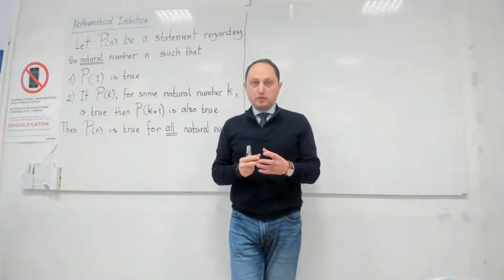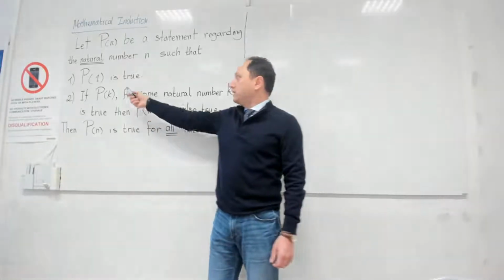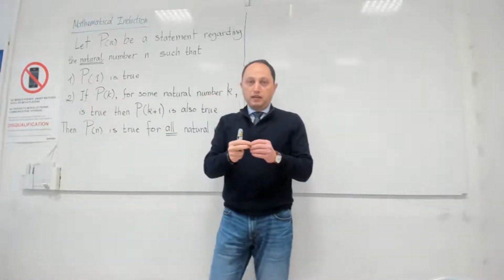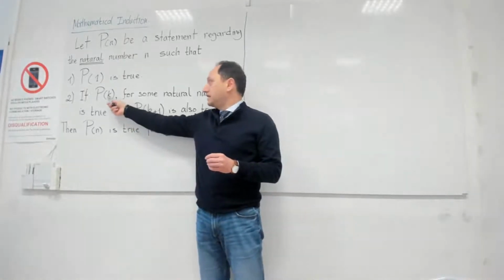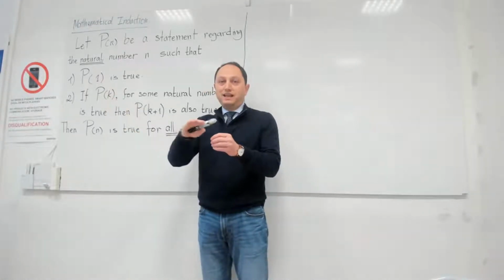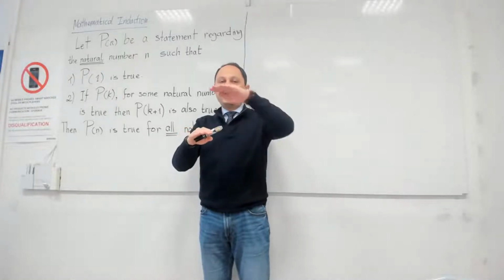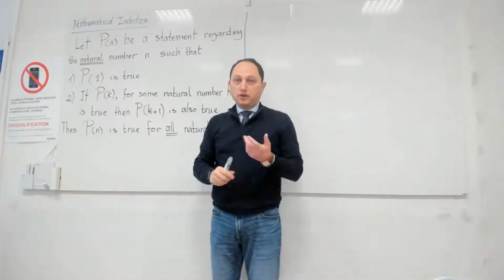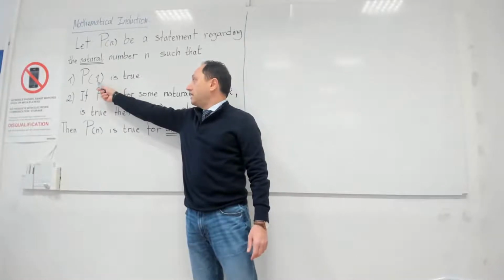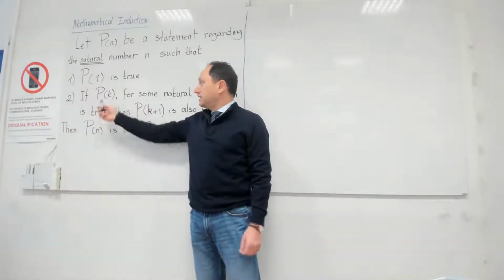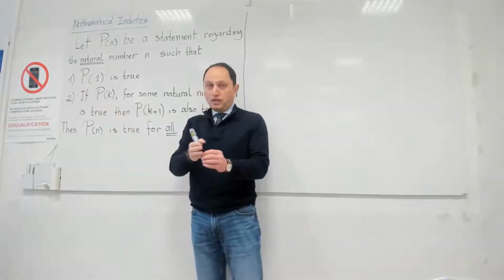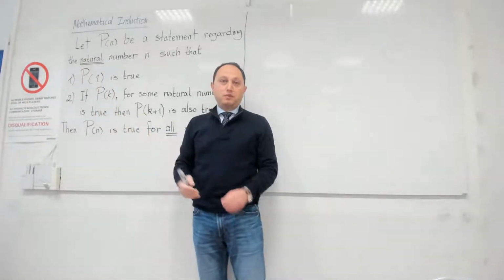So for example, the first one tells you that for n equal to 1, the statement is true. Then this tells you that if a statement is true at the k level, it can jump to the next level k plus 1. Okay, so in the first step, you just check that P is true for 1. The second one tells you that you can go from step k to step k plus 1.